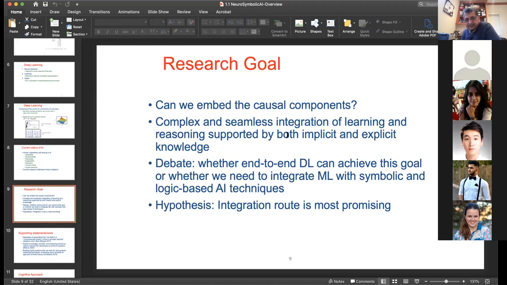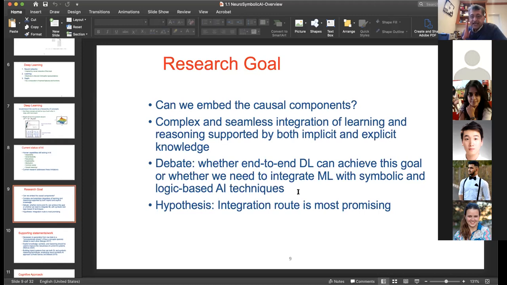Complex and seamless integration of learning and reasoning supported by both implicit and explicit knowledge. And the debate is whether end-to-end deep learning can achieve this goal, or whether we need to integrate machine learning with symbolic and logic-based AI techniques.